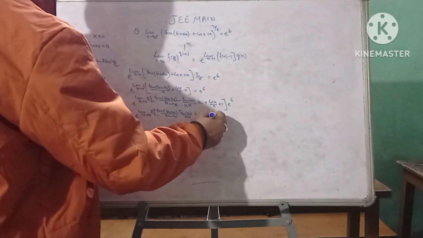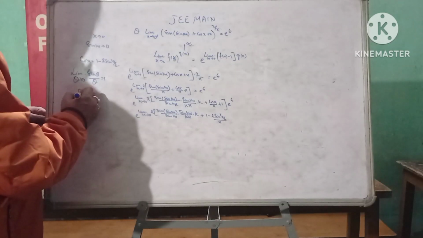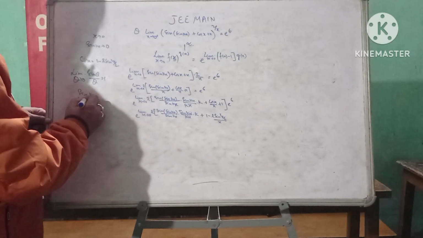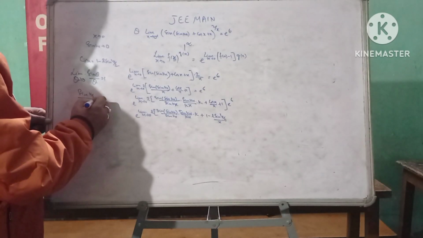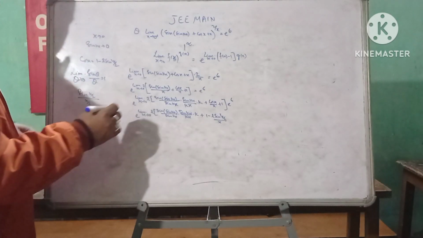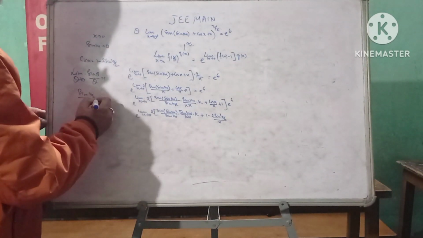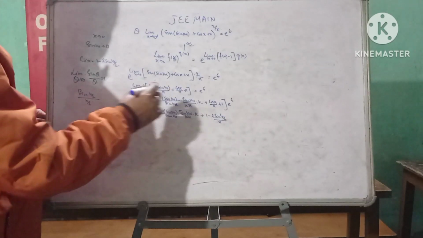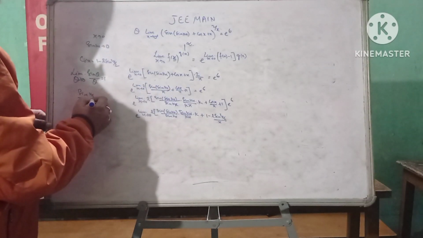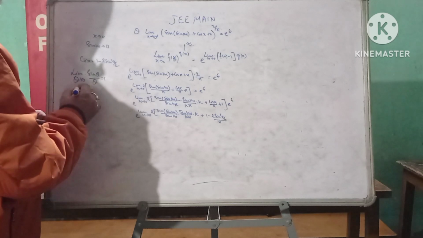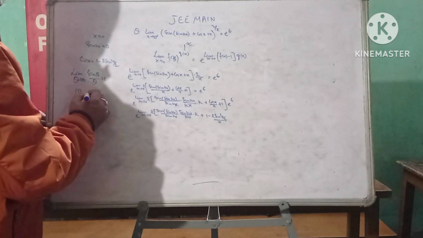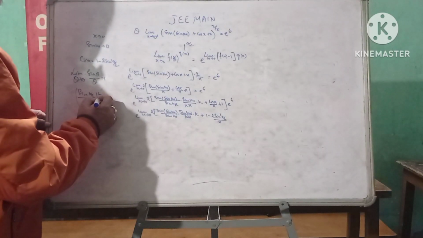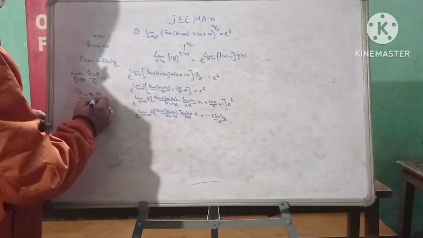So here, this is sin square x. That means your sin x by 2, so here this will be x by 2 into x by 2, because this is square, so we have to make this whole square. And here this is x by 2, so again we are going to multiply by 2.